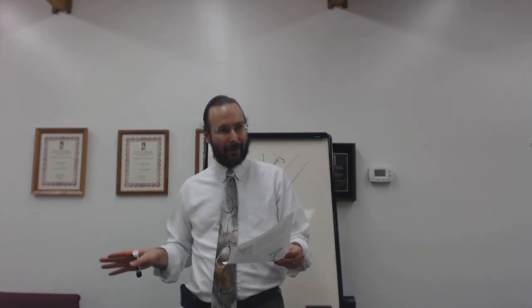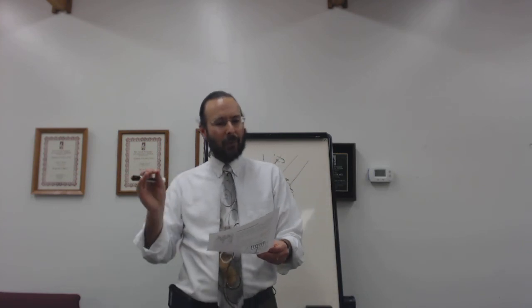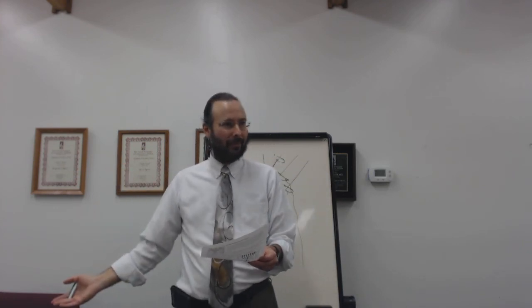So in the text that we just read, it actually says that the menorah shall be made. And Rashi, channeling the midrash, says, wait a minute, why is that in the passive voice? Why isn't it, and you shall make the menorah? Because, he argues, the menorah will be made by itself.